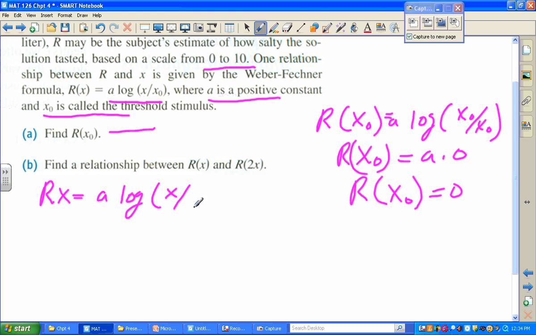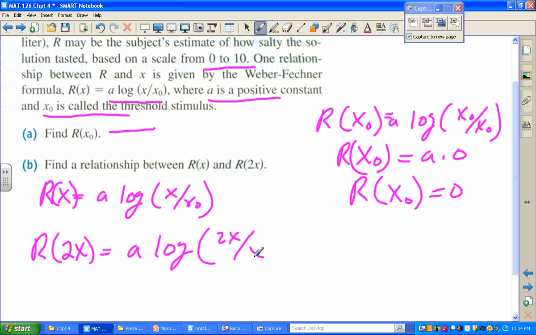of X divided by X sub 0, and R of 2X. R of 2X equals A log of 2X over X sub 0.